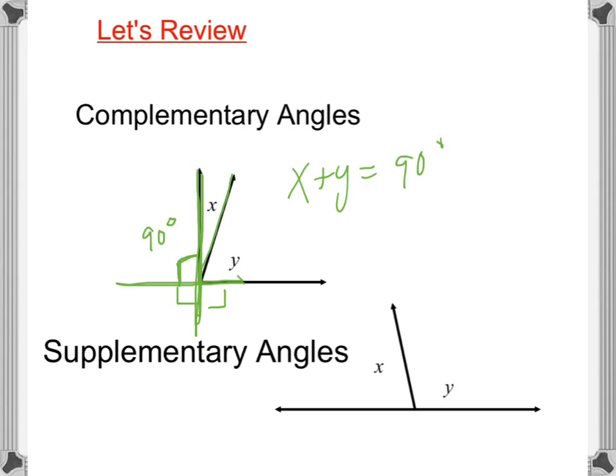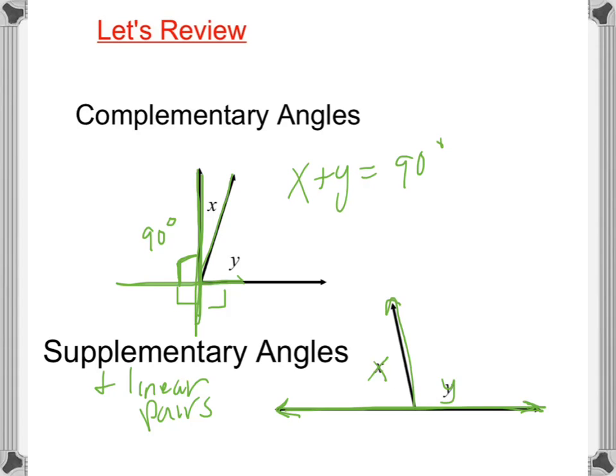Supplementary angles add up to 180 degrees. So what that sometimes looks like, if they're supplementary angles and they're linear pairs, it looks like you have a straight angle right here, and it's been split up by a ray. Okay, and you have x and y right here.